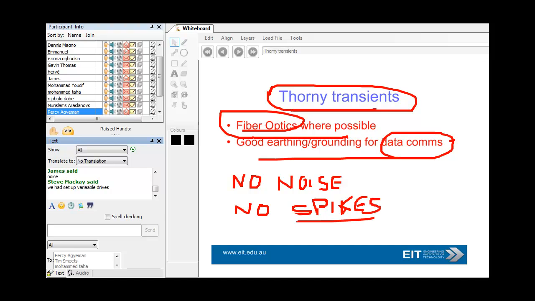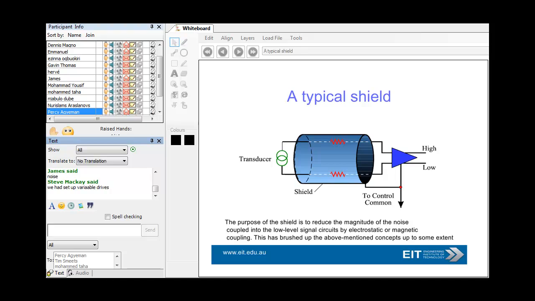So two good points. Physical shield here. Little thing here, which obviously the idea is you only earth at one point only. Watch out you don't have, which I saw on one Alcoa site many years ago, intermittent earth along here. Intermittent earth on your shield means that you've got multiple points, which again is a problem.